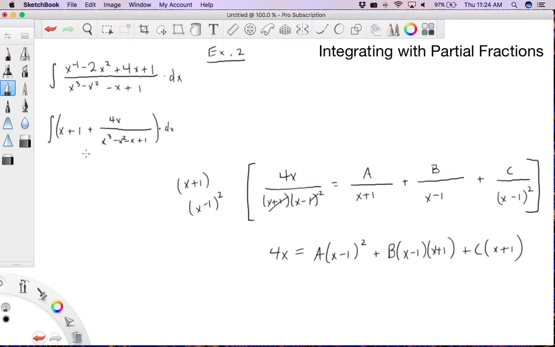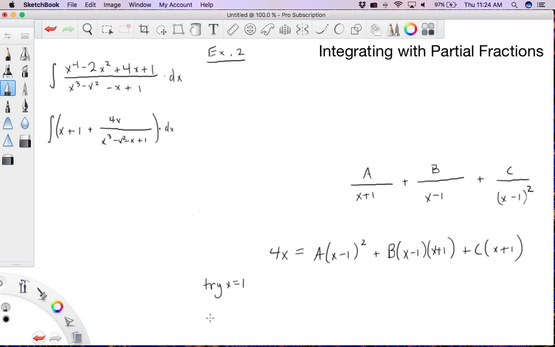Again, this statement that I just wrote should be true for all values of x. So we can just plug in some things strategically and find out what A, B, and C are. So the first thing I'm going to try is x equals 1, right?